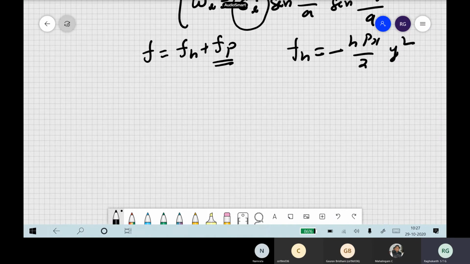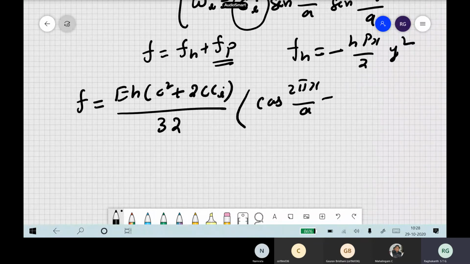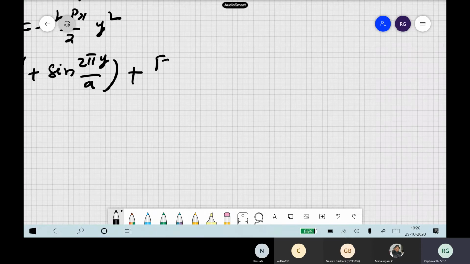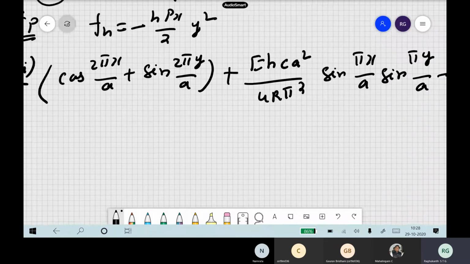So you can get f from this as some small c square, then 2 c times ci, by 32 cos of 2 pi x by a plus cos of 2 pi y by a, plus we have another term also: E into some small c into a square by 4 R pi square sine pi x by a sine pi y by a, minus h into px by 2 into y square. So you get some big expressions for f.